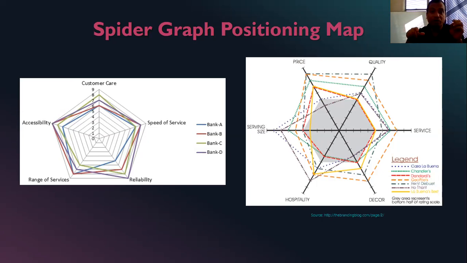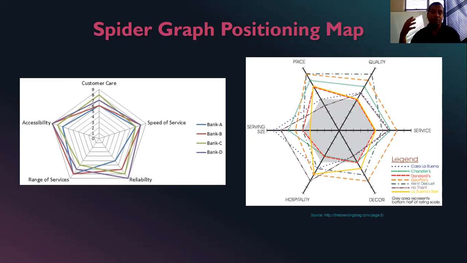attributes, you try to draw a spider graph, a radar chart, and then you did the same thing for yourself on a scale of 1 to 9, or 1 to 10. Remember, you have done the scaling, and then you point it out, and you draw a kind of area. So finally what you will do is use some sort of heuristic.